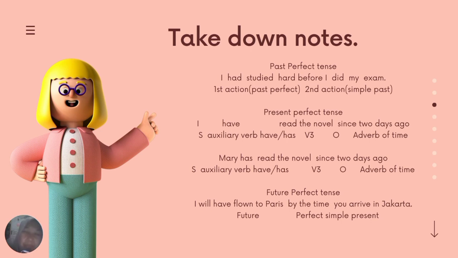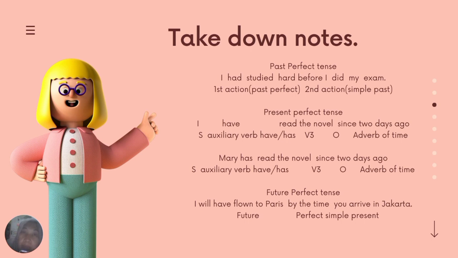Okay, the next one. Let's go next. The second example is present perfect tense. The first example is: I have read the novel since 2 days ago. If we divide it, there are some parts of it. I is for subject, have is for auxiliary verb have or has, and read is for verb 3.